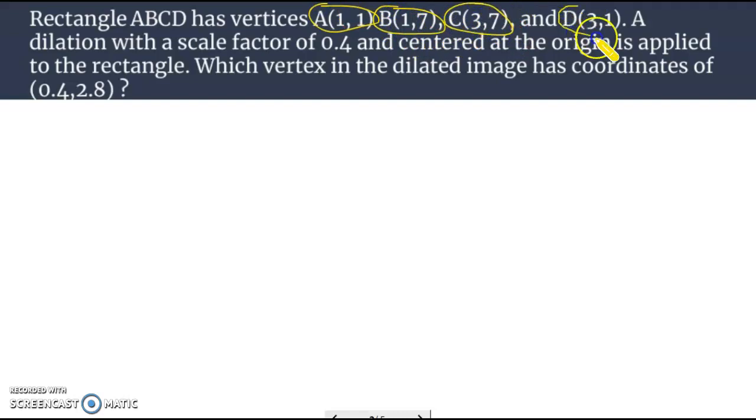All right, just so you understand what's going to happen here, all 4 of these points get dilated by a factor of 0.4. So picture each of them getting multiplied. Now, one of them ends up with 0.4 and 2.8, and the one that wins, I believe, is B. When you take 1 times 0.4, you get 0.4.